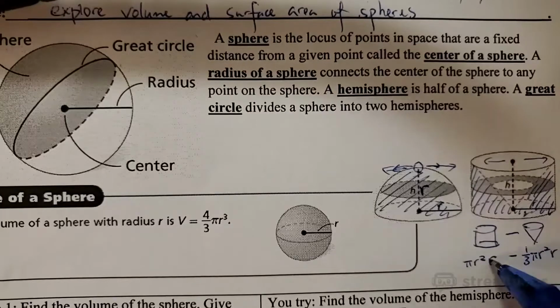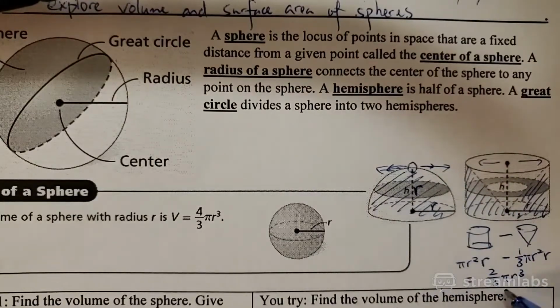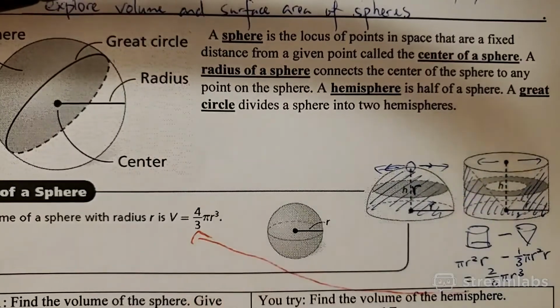If you subtract this out, this is a like term, right? So it would be equal to 2/3 pi r cubed. However, we're only looking at a hemisphere, right? If we want a whole sphere, then we have to double this, times 2. Therefore, if you times 2, you're going to get 4/3 instead. Okay, that's the brief explanation on the projection proof that I'm going to send you later today.